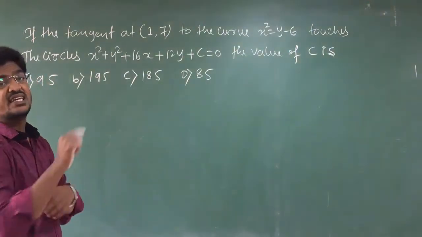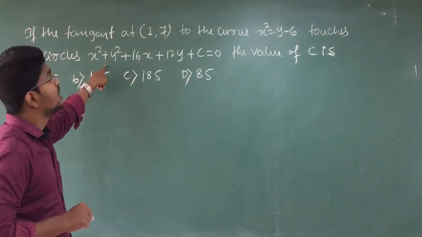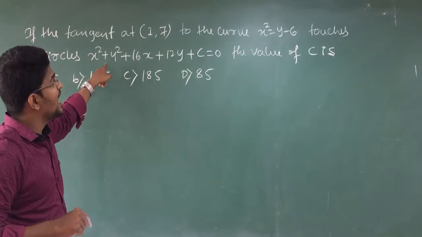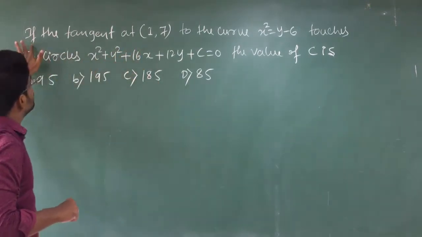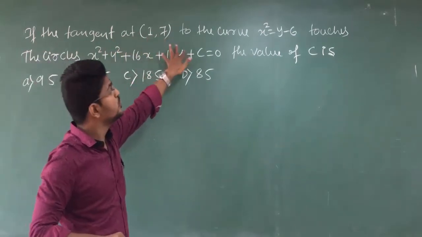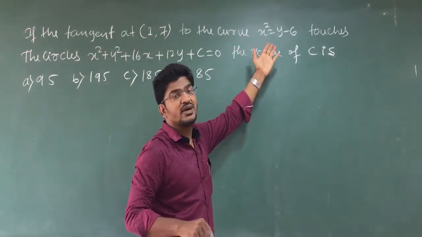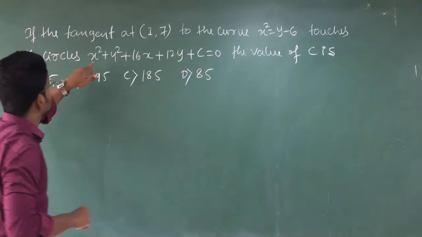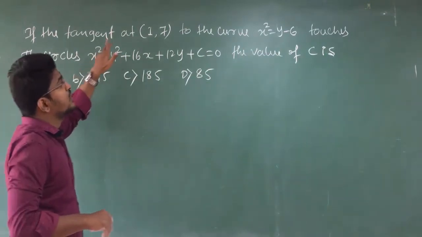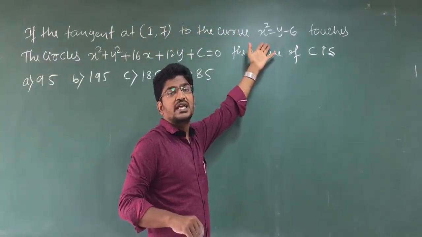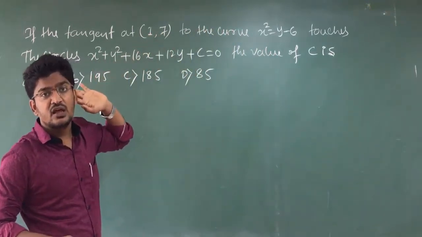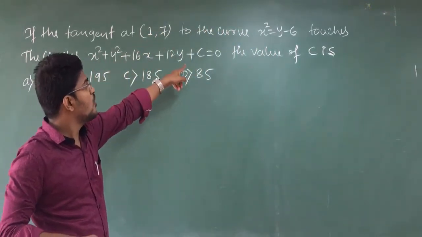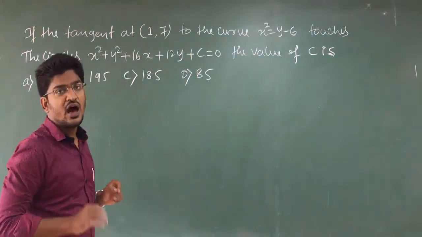That means there is a tangent which is touching this circle. If the tangent at (1, 7) to the curve touches this circle, that means the tangent of this particular equation at this point touches this circle. Clear?